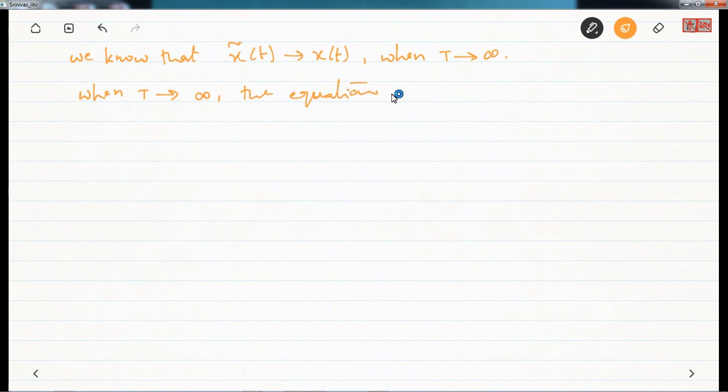You can check mathematically that the equation 1 over 2 pi, summation k equals minus infinity to plus infinity, x of j k omega naught e power j k omega naught t omega naught, becomes simply an integral, because as t goes to infinity, omega naught becomes very, very small, almost zero, right?